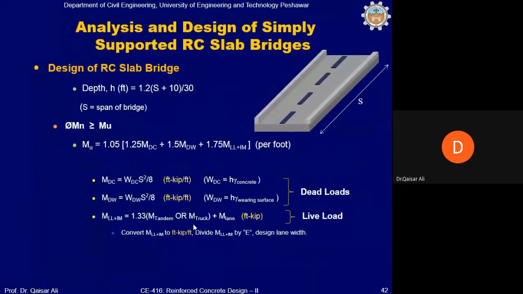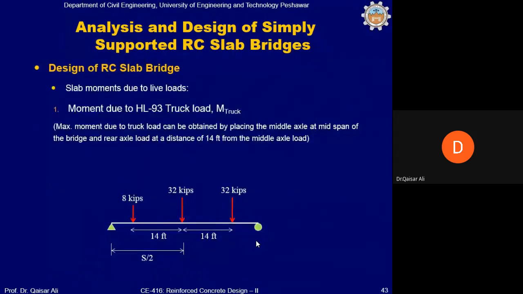The effect of these vibrations or impact is included indirectly by enhancing the bending moments of the truck or tandem by 33%, or 1.33. These bending moments are multiplied by 1.33. And M lane is the design lane moment, which was discussed in the previous slides. Once this MLL plus IM, the live load, is calculated, it will be divided by E, so that this gives us the bending moment per unit width.